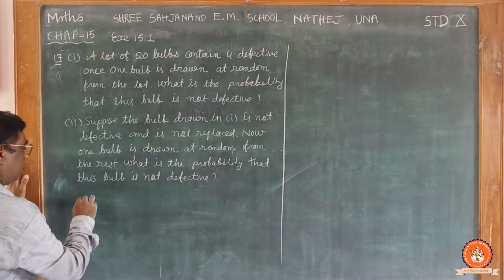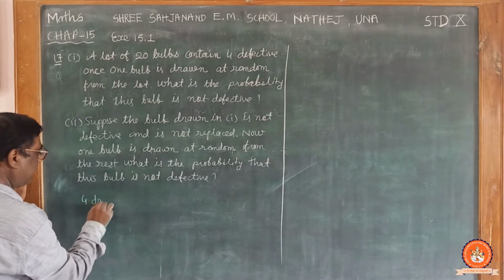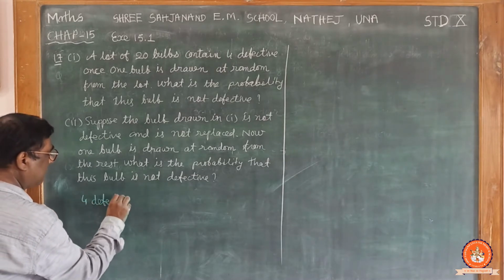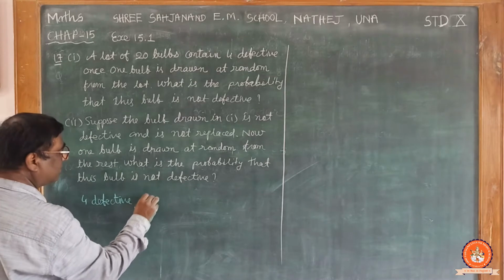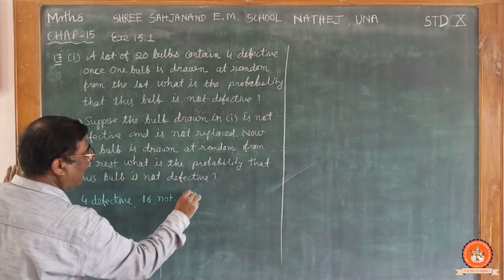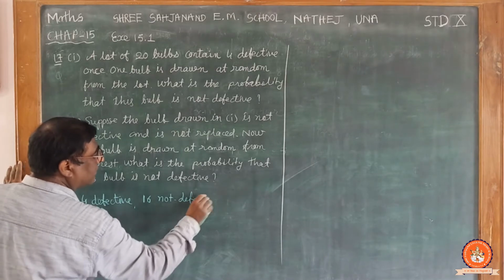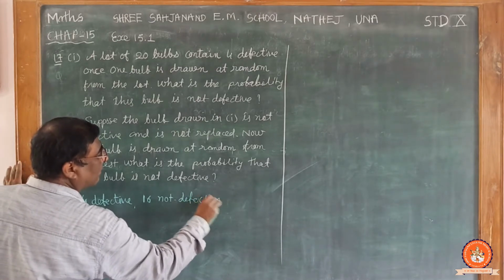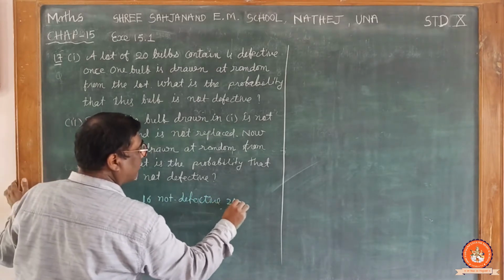So for defective, 4, and not defective or non-defective, 16. 20 bulbs.